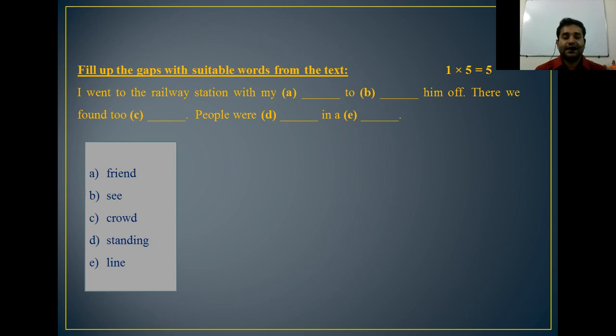People were standing in a line. So like this way, read the text very carefully. Try to understand, because if the fill up the gaps come, you may catch the word what will be in the gaps. Okay, so practice.